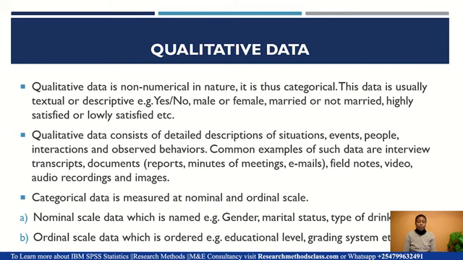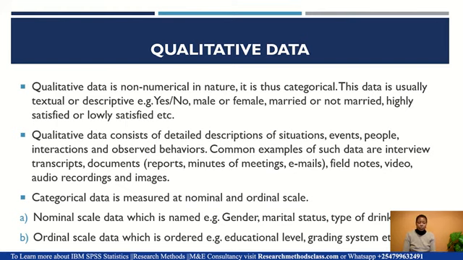Now let us look at qualitative data. Qualitative data is non-numerical in nature. It is thus categorical. This data is usually textual or descriptive. For instance, if you asked someone, have you attended a training, and the response that you require is a yes or no, that is a qualitative question.